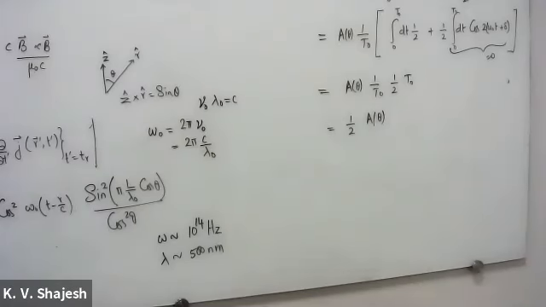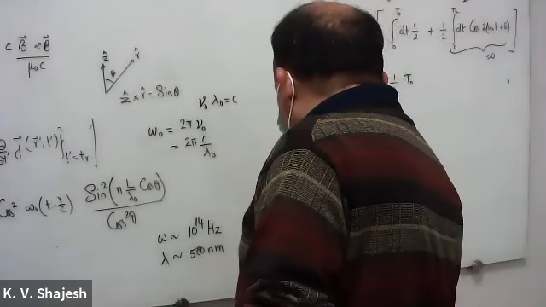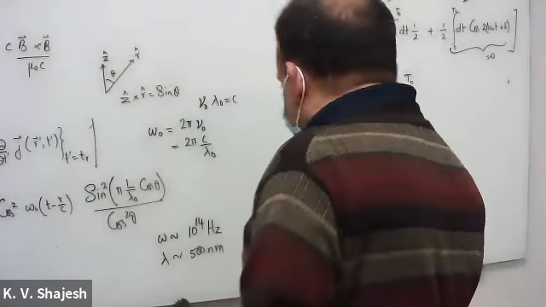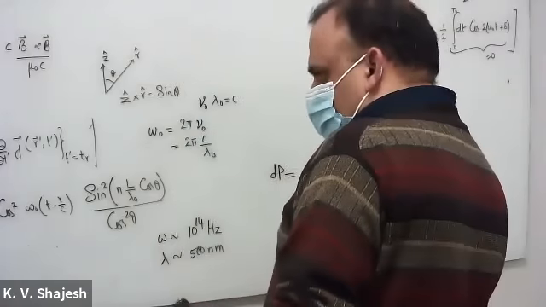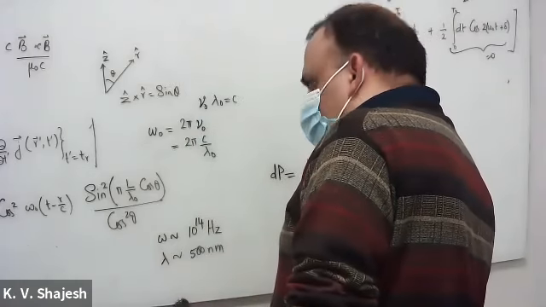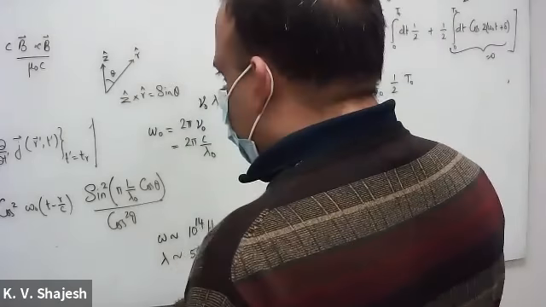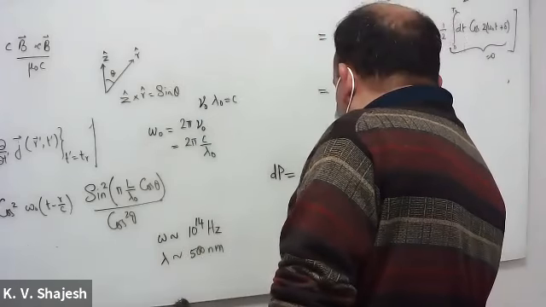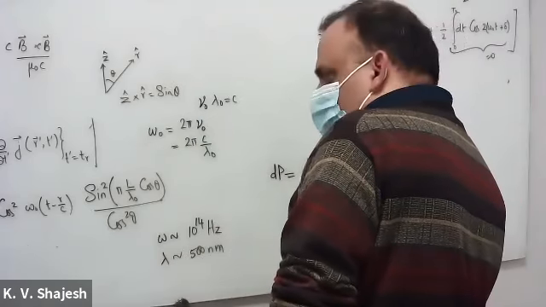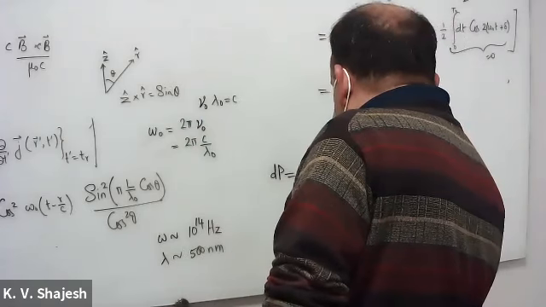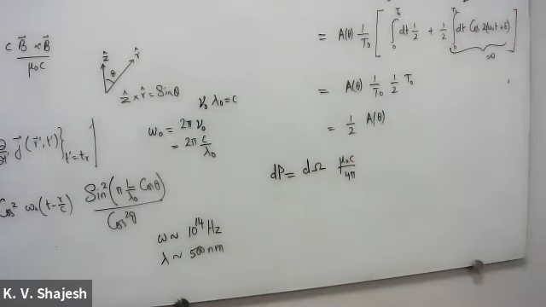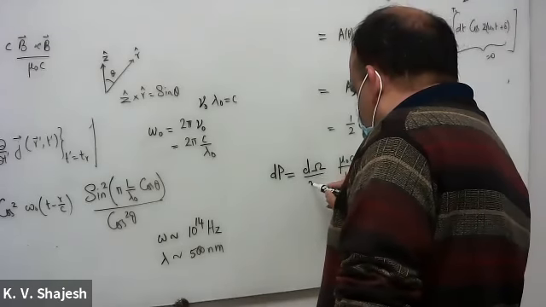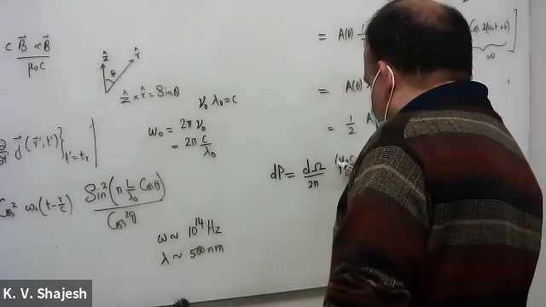So our average power radiated dP is now equal to d omega times mu naught c over 4 pi. Earlier d omega was not written there. A factor of 2 has come up, so with the earlier pi I would write 2 pi in here.